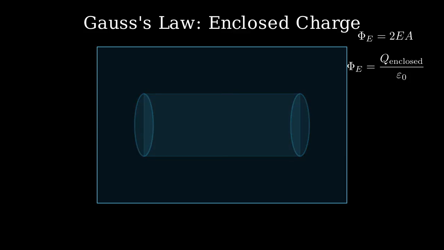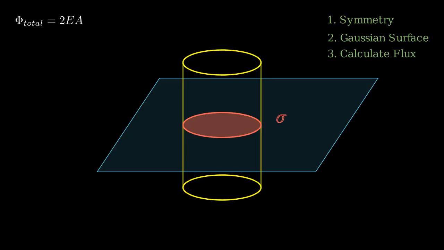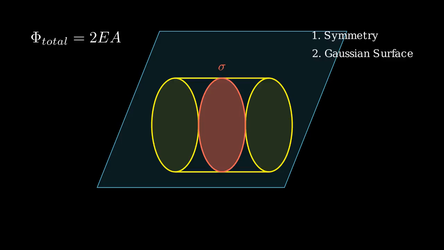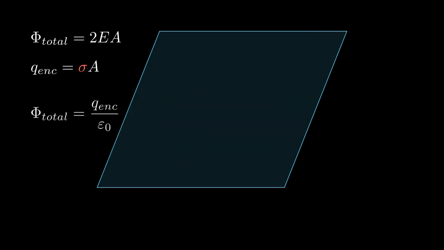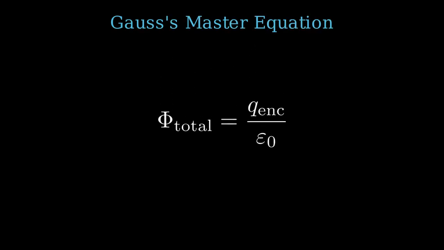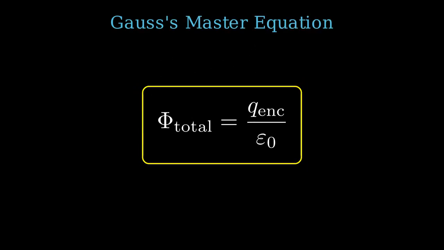Now we need the other side of Gauss's equation. How much charge did our imaginary cylinder actually trap inside? We are given the surface charge density, sigma, which is just the amount of charge per unit area. So the total trapped charge is simply sigma multiplied by the circular area that we sliced out. Now we bring back Gauss's master equation, total flux equals trapped charge over epsilon naught.